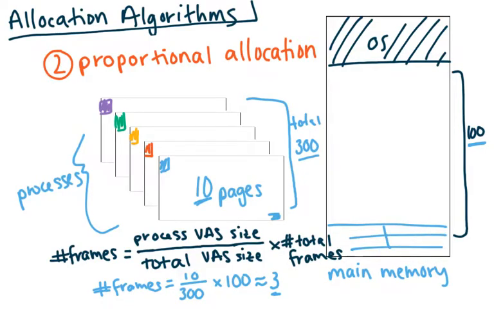So it'll have 3 frames, and now we have this demand paging system where maybe we only need to load in 2 frames at the beginning to get it up and going, and then it can switch between the frames, or the pages, that it needs in order to do its whole execution. So that's the idea behind proportional allocation.